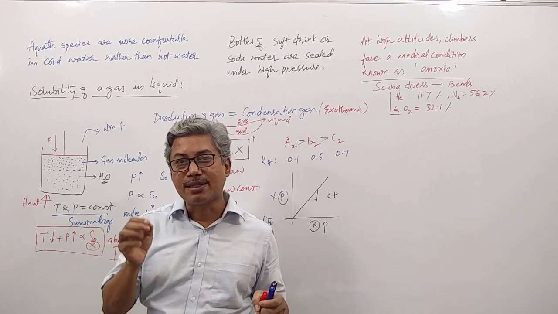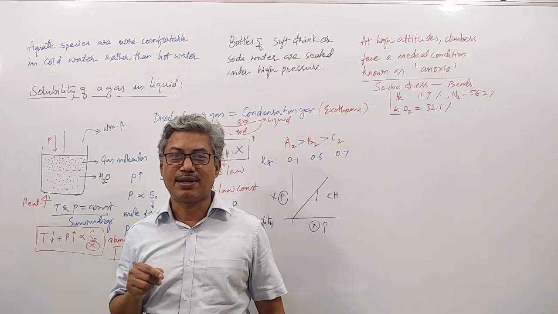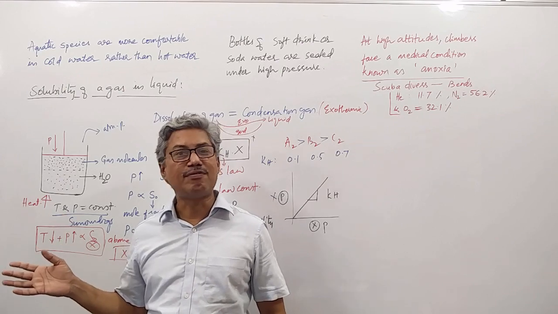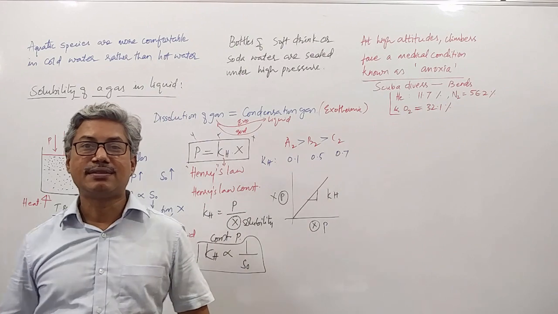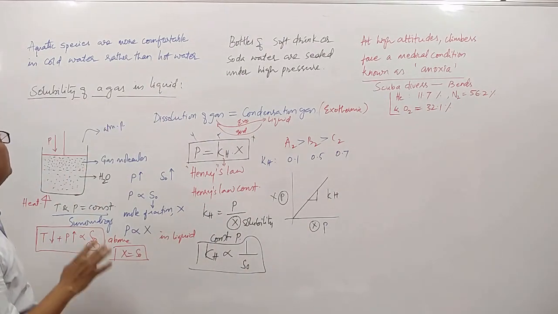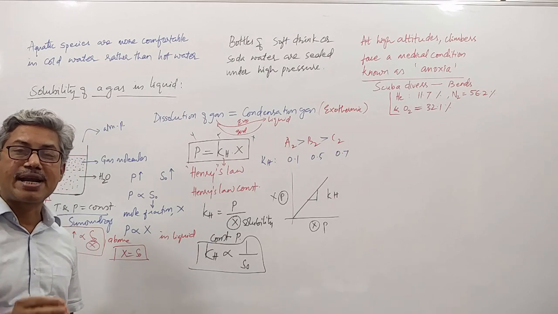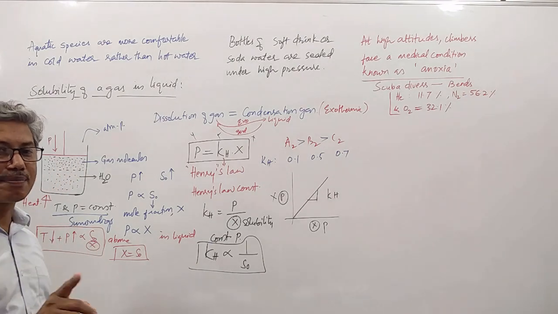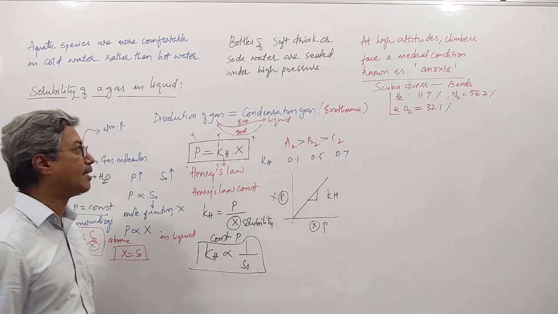Quantity of oxygen dissolved is reduced, and with the reduced availability of oxygen, aquatic life cannot be comfortable. Is it clear, students? Therefore, aquatic life is more comfortable in cold water because of the availability of more quantity of dissolved oxygen, and at higher temperature the dissolved quantity of oxygen will be decreasing.